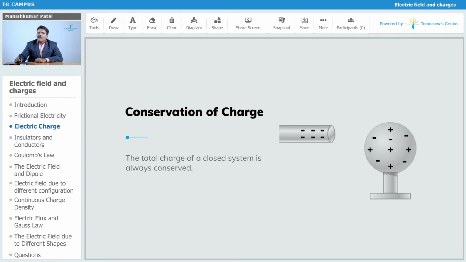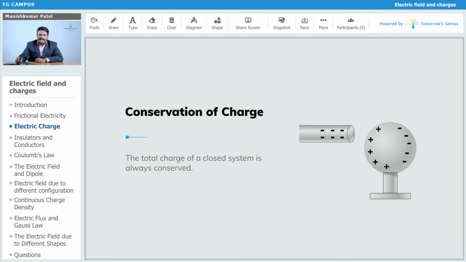Now the law of conservation of charge is also applicable in the induction process. In the induction process, what is going to happen? I have this glass rod which has negative charge. So it is going to attract the positive charges, or you can say it is going to repel the electrons.